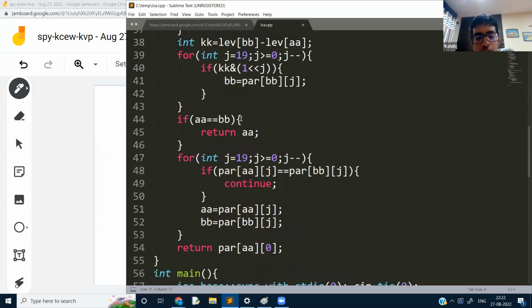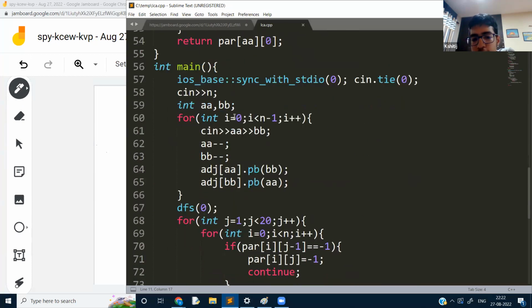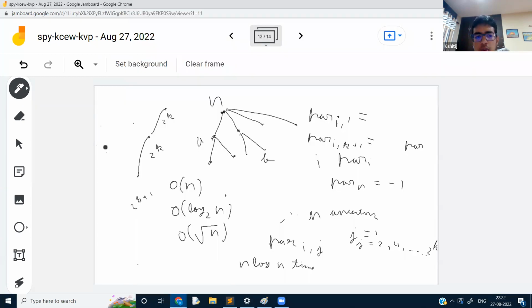So if n is very large, like 1 million, and we have 1 million queries of LCA, then we have to do 10 to the power 12 operations, and that will be too slow on this computer. It may run on a very fast supercomputer, but then you can increase the n. It won't work even in 1,000 seconds.